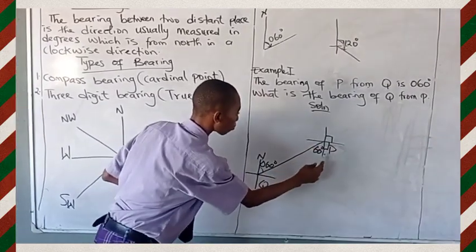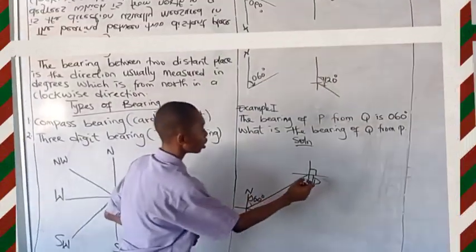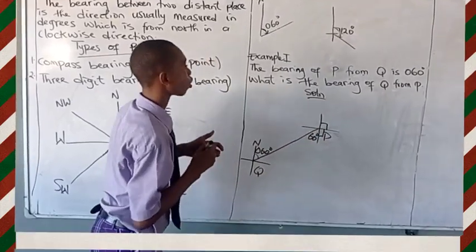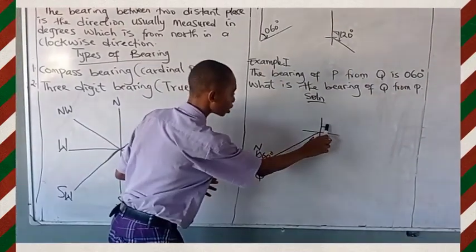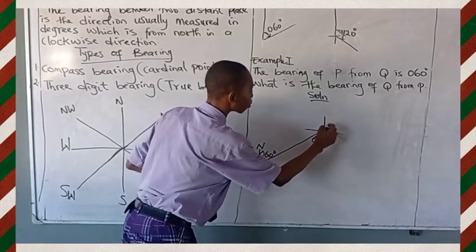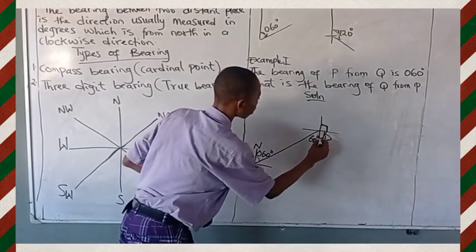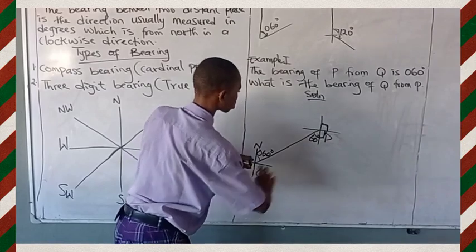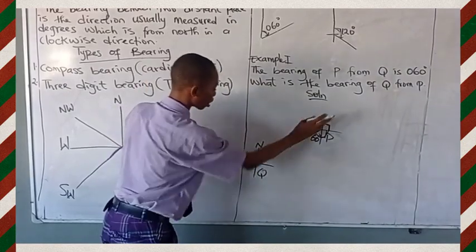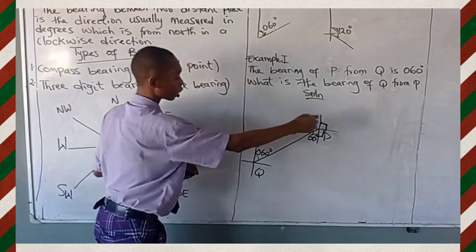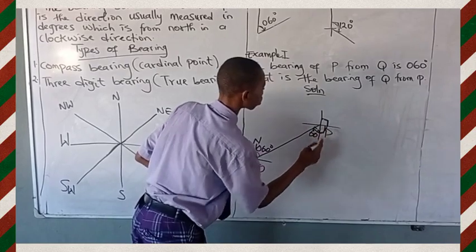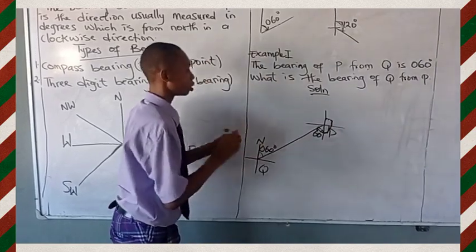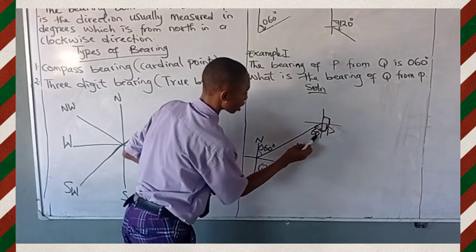To get the bearing of Q from P, we start from P. The angle will move from here to here, so it will be 90 plus 90 plus the angle here.